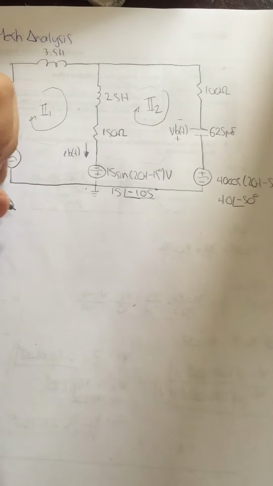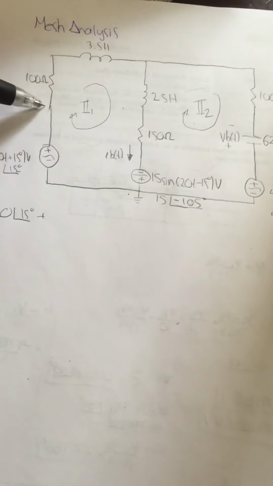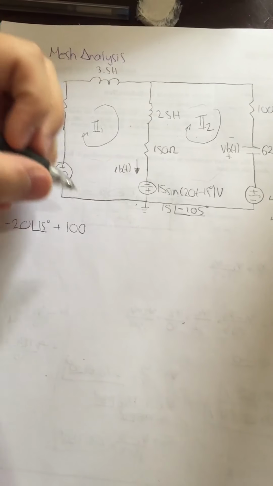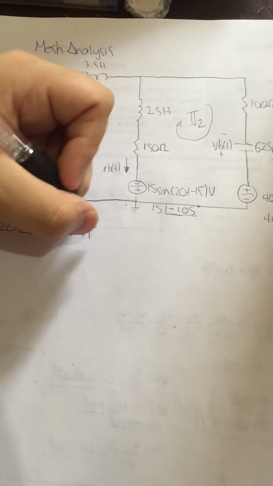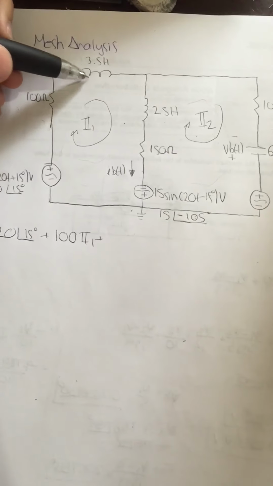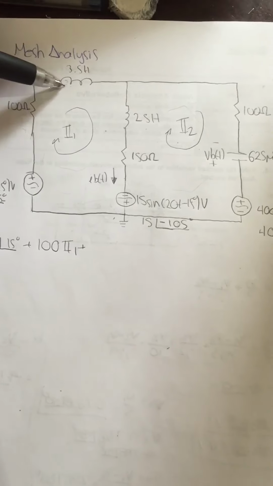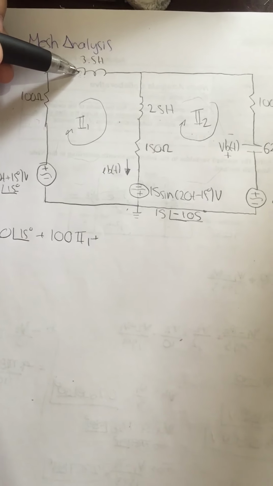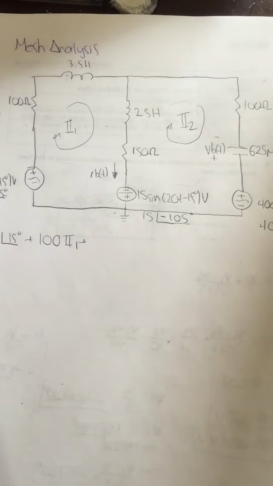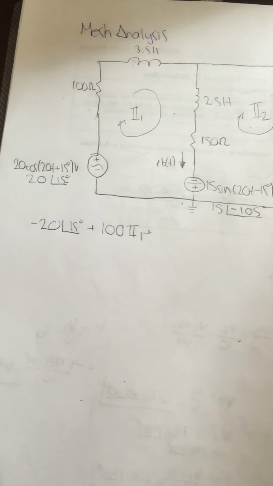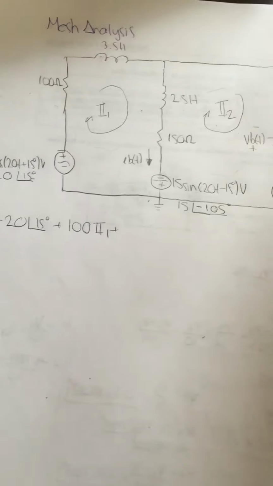It's going to be negative 20 angle of 15 plus 100, which is this resistance, 100 times I1, plus this one we need to change to imaginary with the J, and we already know how to do that.